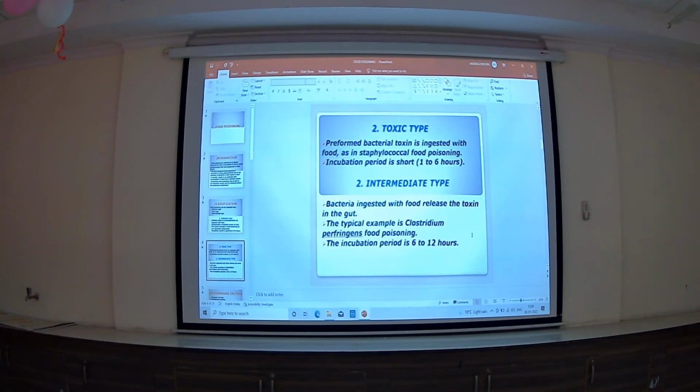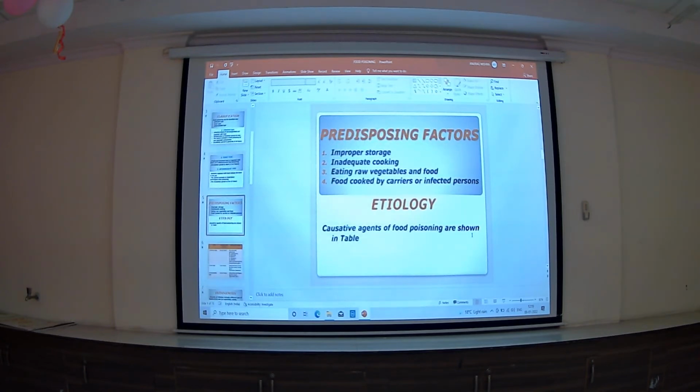In intermediate type, the bacteria is ingested with food. And on reaching the gut, it releases the toxin. Example: Clostridium perfringens food poisoning, and the incubation period is 6 to 12 hours.